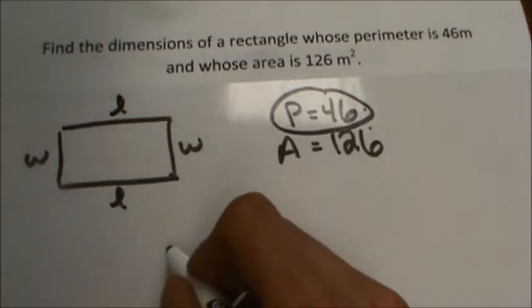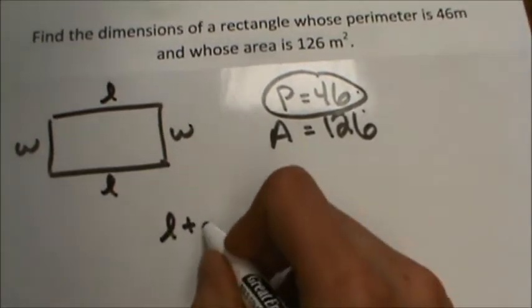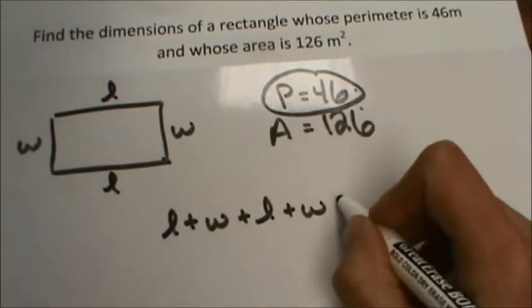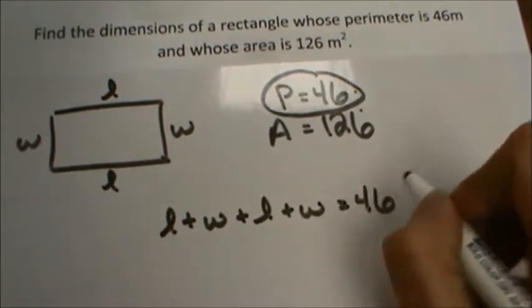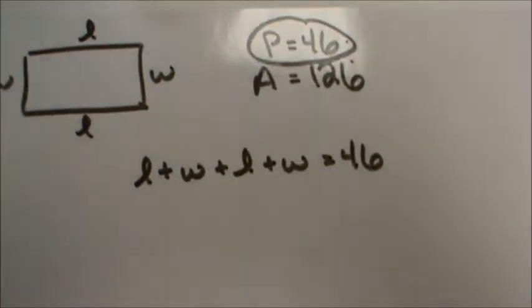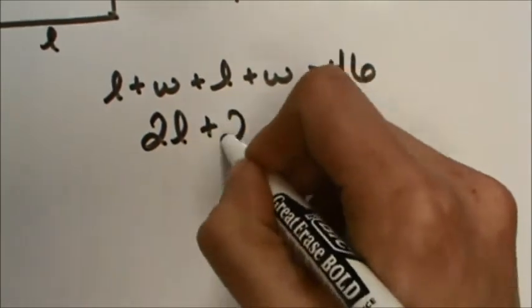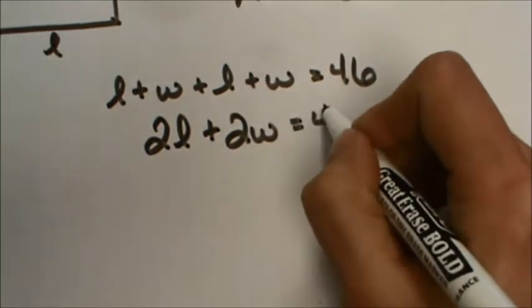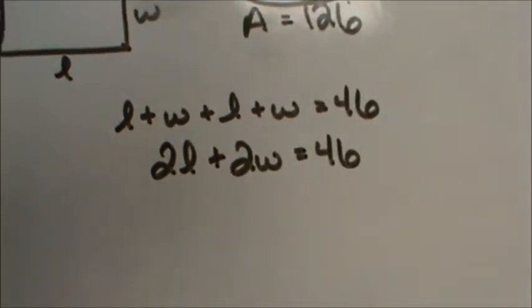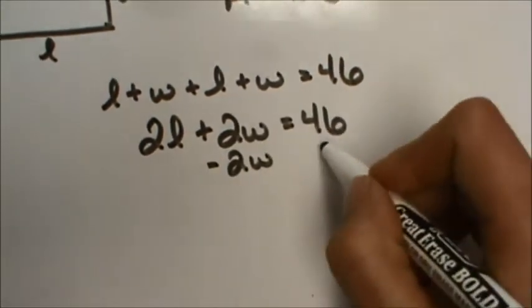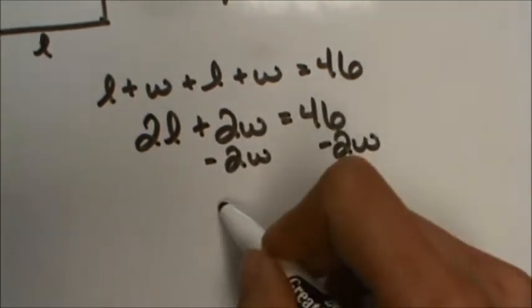In order to do that, I'm going to go back to my perimeter equation, and I know that L plus W plus L plus W is 46. And I'm going to try to simplify this down and solve this perimeter equation for L. Well, if I combine like terms, and then I want to, again, solve for L, so I'm going to subtract 2W from both sides.